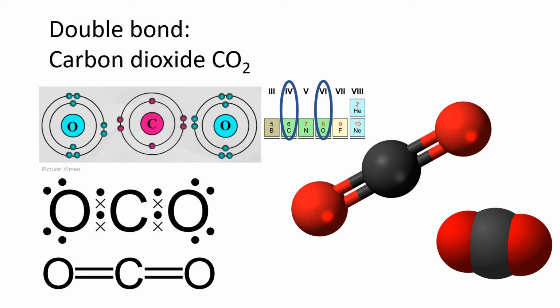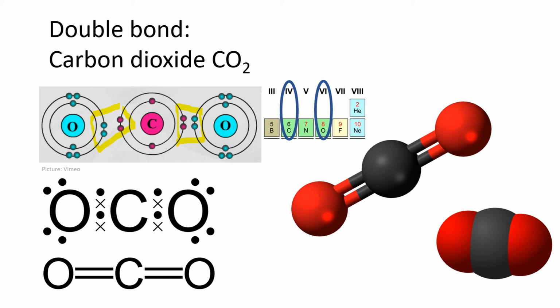Remember that the electrons shared by the two atoms in a covalent bond are counted twice. In carbon dioxide, each oxygen shares 4 electrons with the central carbon. Two from the oxygen itself and 2 from the carbon.